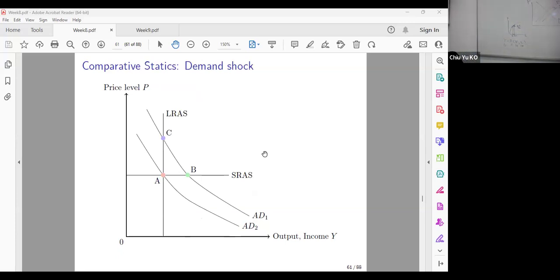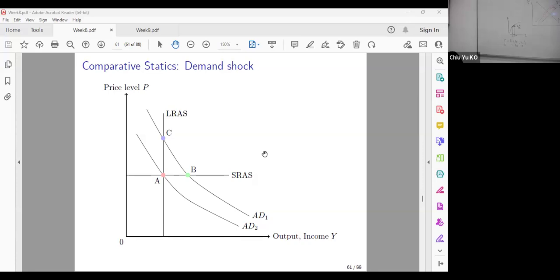And in this model, it's called the demand shock, which means that initially we're at A, we're here, okay? Suppose that people suddenly become very optimistic, they want more goods.